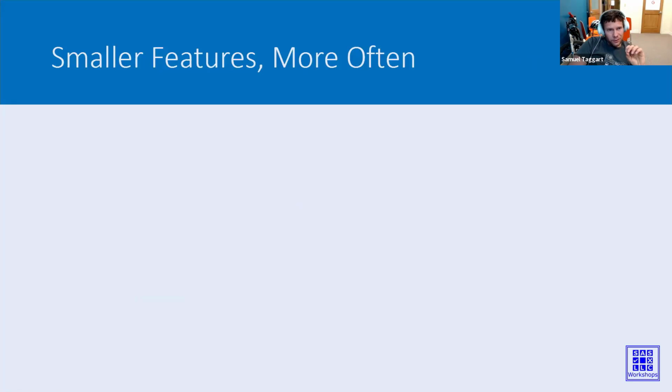So it starts with the idea of smaller features more often. So in waterfall, we might break our project down into big, huge main features, right? Because we're going to build the software over a couple of months, and it's all one big, long process of building the software, and so we can have these big, huge features. In an agile process, we want to break everything down into chunks that fit into 1 to 2 weeks.